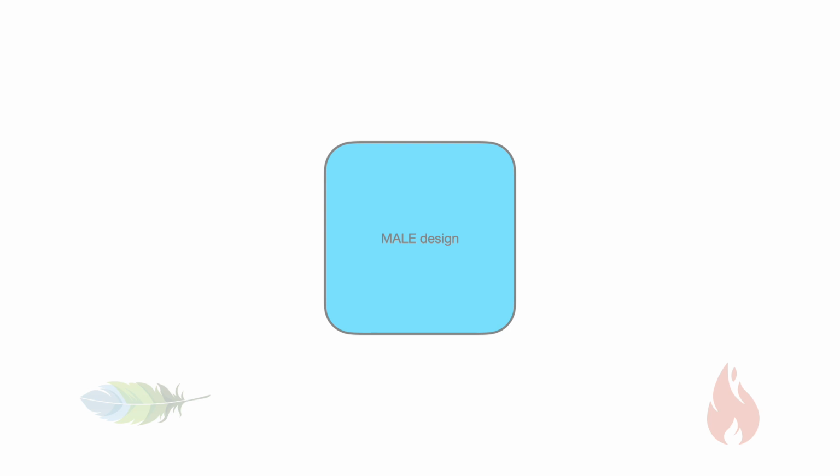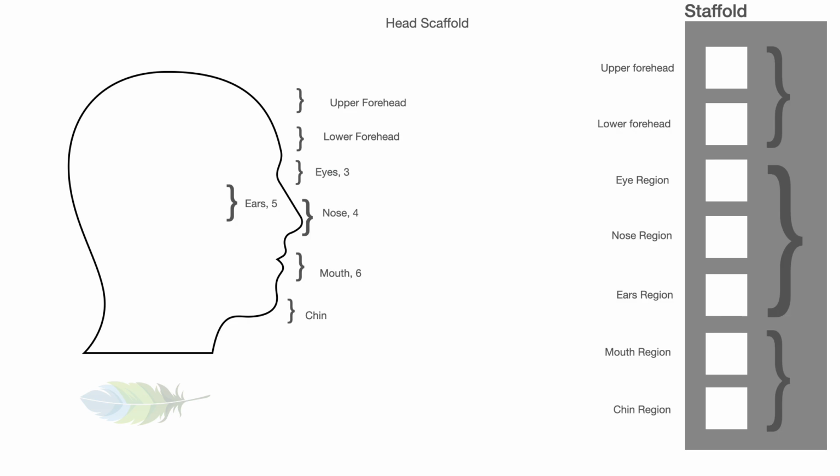Now this is actually pretty fun. For the male design, just doing the head scaffold, we can go through, and this one can kind of help with, it's not so much the grain direction of the hair, but I think it's the musculature direction. But in general, it helps with the flow of the head regions.